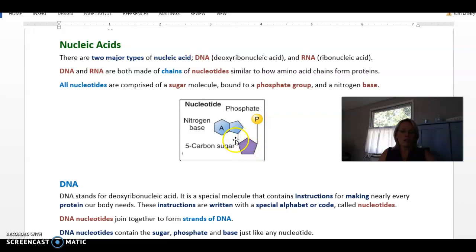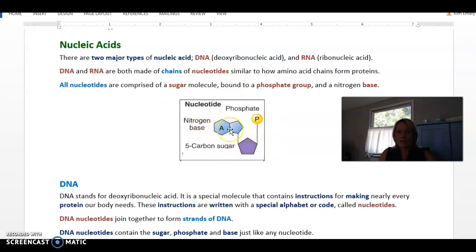and then they also have another component attached to the sugar, and that is called the base. Sometimes it will be called the nitrogen base, sometimes the nitrogenous base. I'm fine if you just call it the base. That's what I usually refer to it as. So this is a nucleotide.